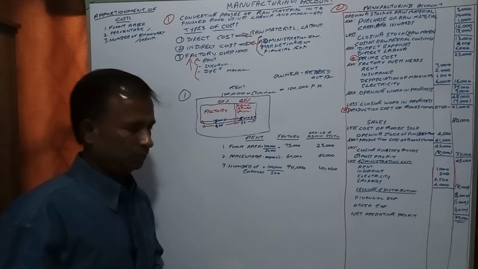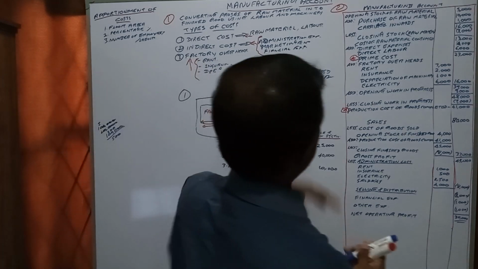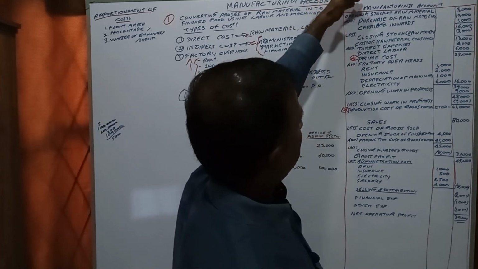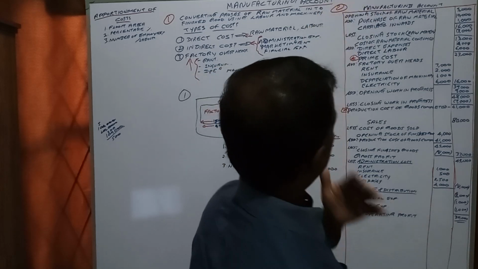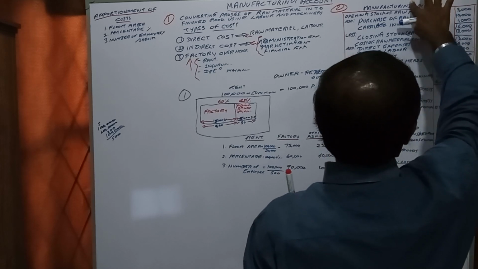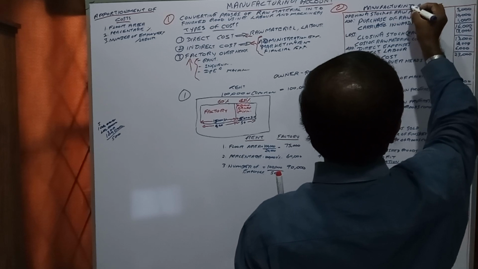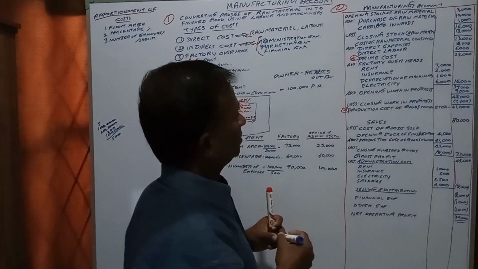The second matter is the format of the manufacturing account.